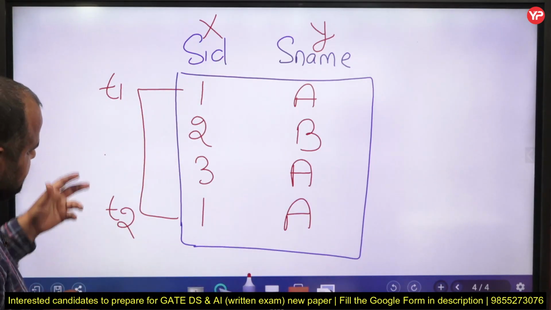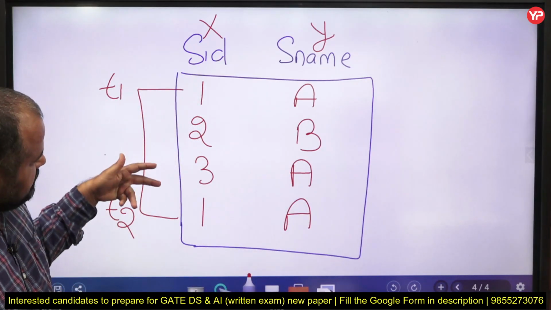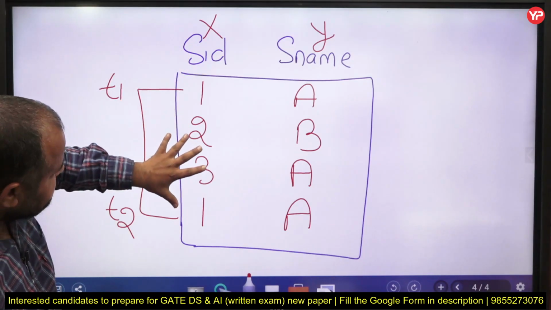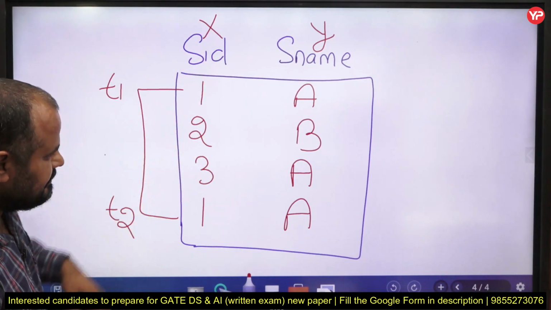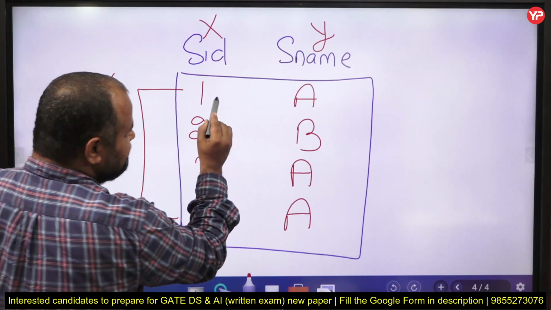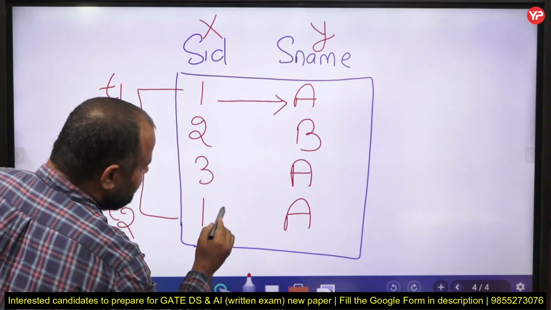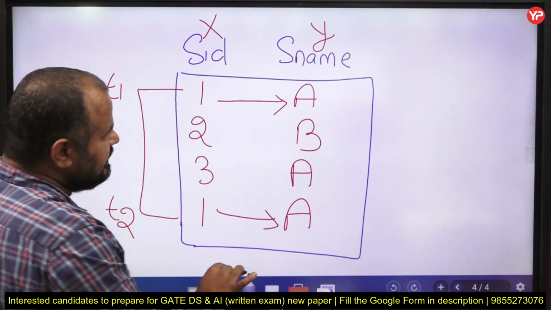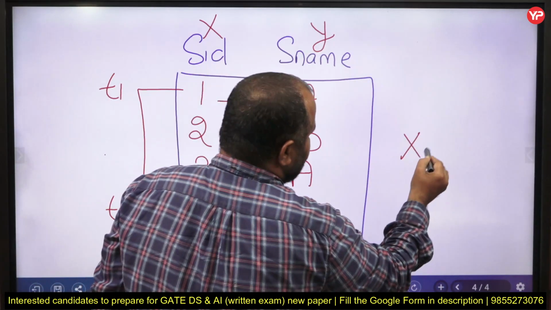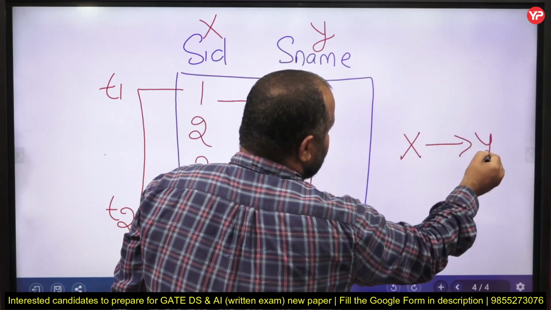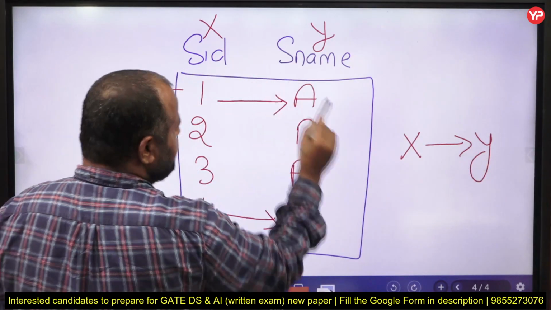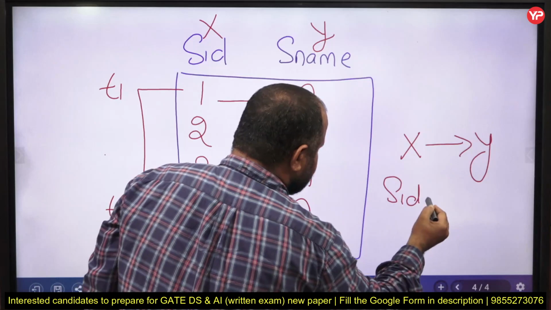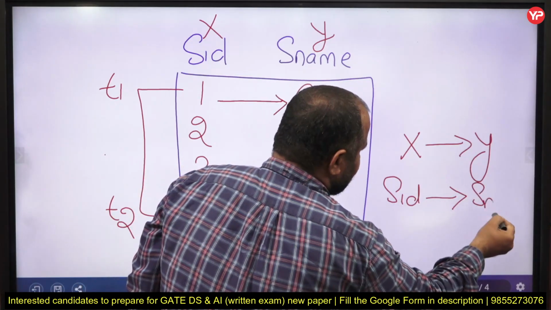Fine. Now see, I have two tuples. In both these records, the x value is the same. If x values are the same, then I can say their y values will always be the same. And if this is the case, then I can say x uniquely determines y, or SID uniquely determines S name.